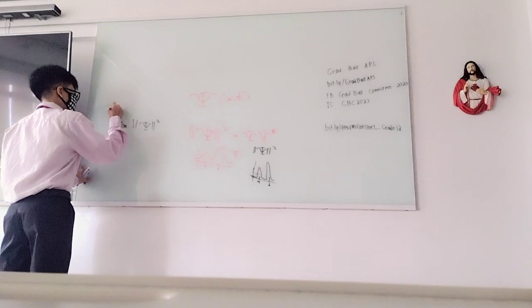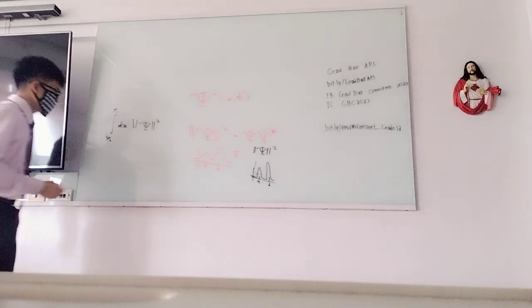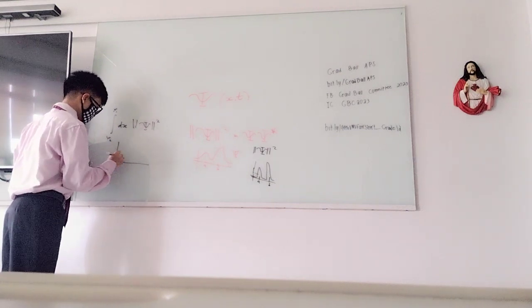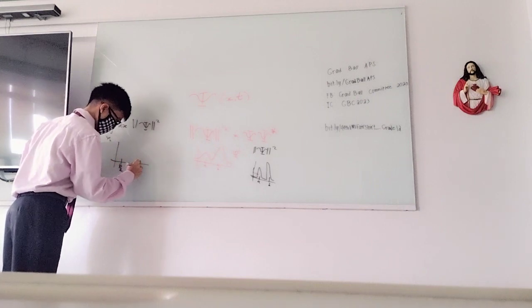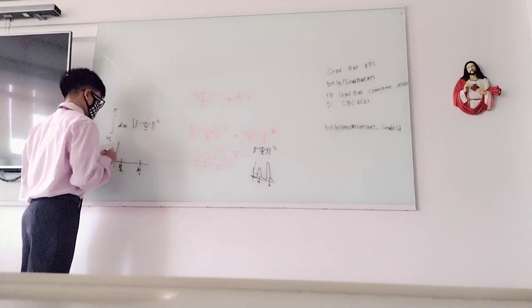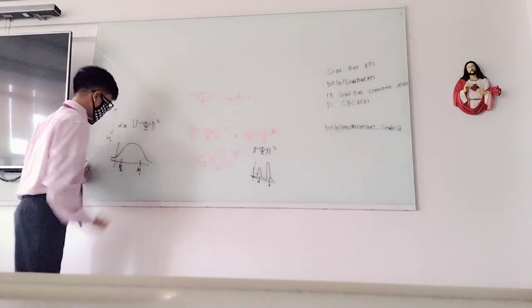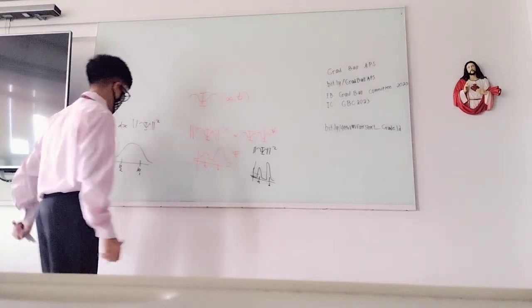Let's call it phi 1, phi 2. And then suppose that this is my wave function squared. This is phi 2. This is phi 1. And then suppose this is my wave function. So it's just a simple Gaussian curve that's been shifted.